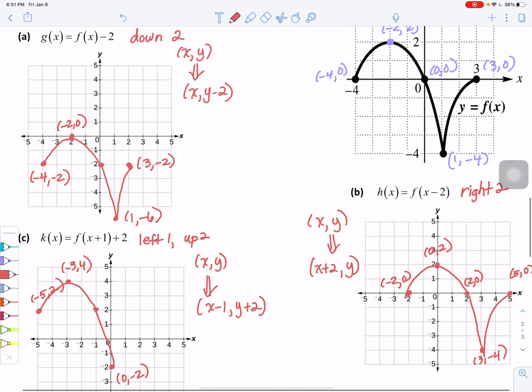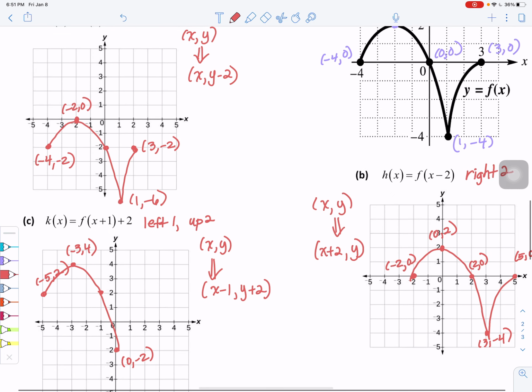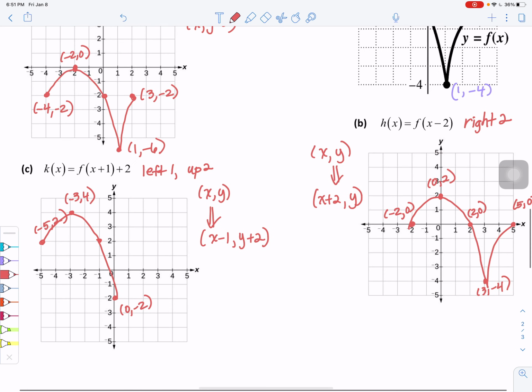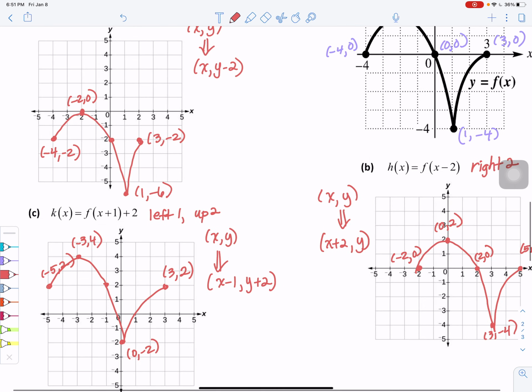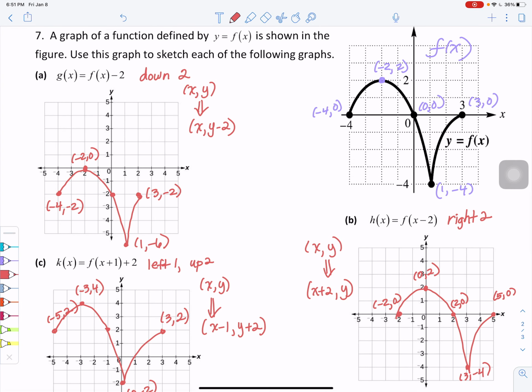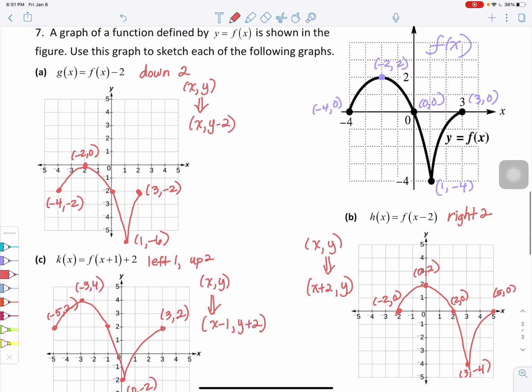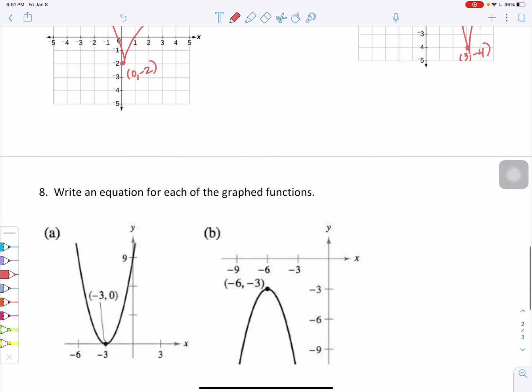And then that last point, 3, 0, take 1 away from the 3, it's 2, and add 2, so it's 3, 2. Then let's just let that curve like that. Okay? So that was very nice to show how those points changed with each one of those transformations.